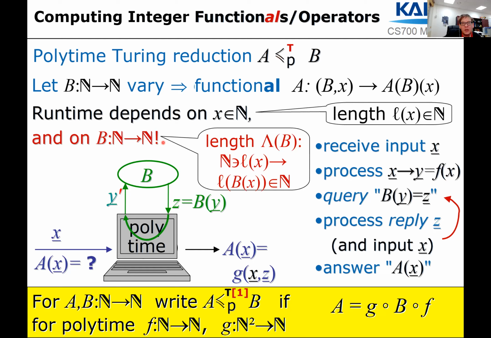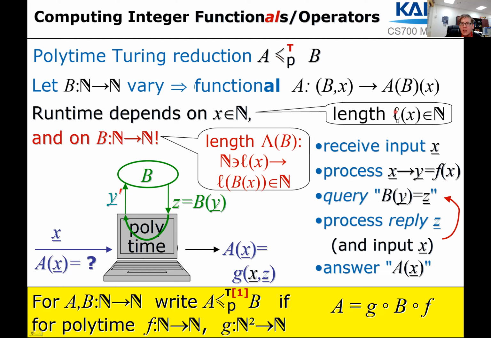And what we consider here is again the dependence on the binary length of this function now. But this is a function, not a single object, so its binary length is not just a single number as the binary length of a natural number, but instead the binary length here is in turn a function which we're going to abbreviate with lambda of b.